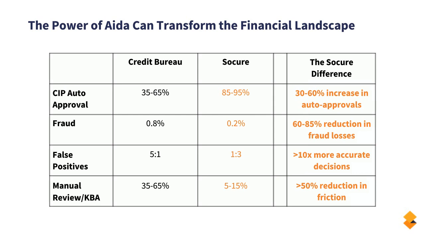We have a top 5 issuer where we were able to cut their fraud by north of 60% versus their entire existing tool set. We have a major consumer lender where we are 10 times more accurate than the credit bureau solution that they were previously using and just canceled their contract with.